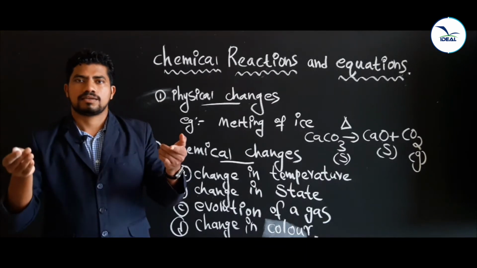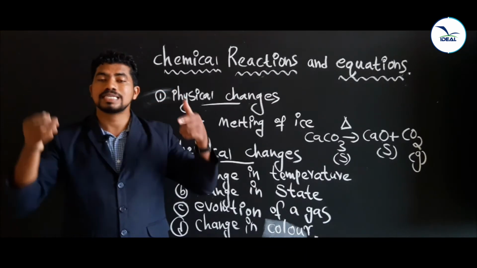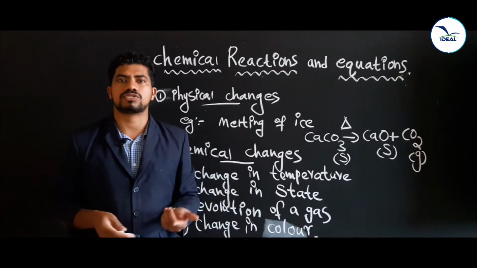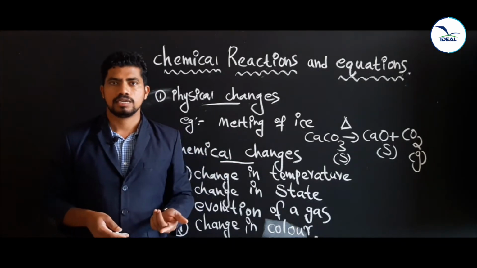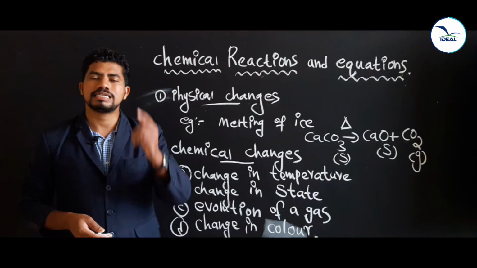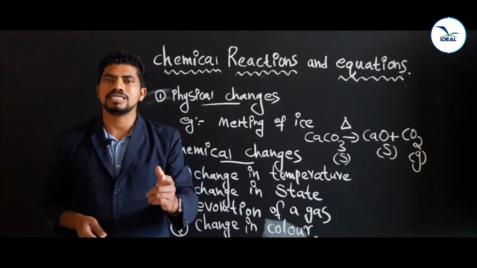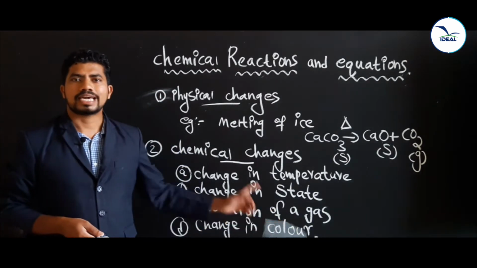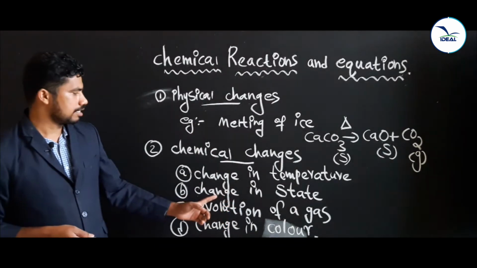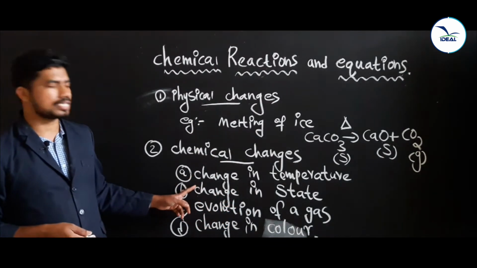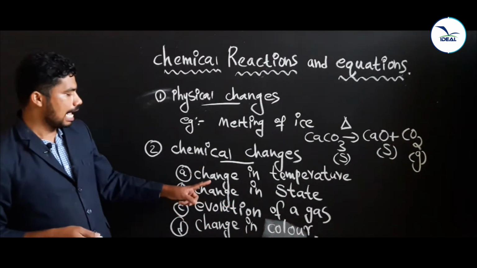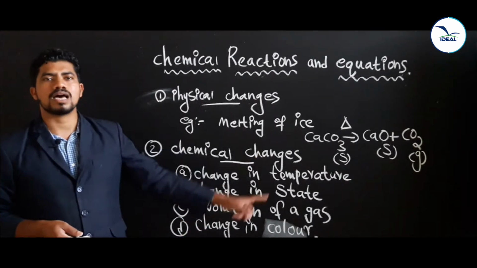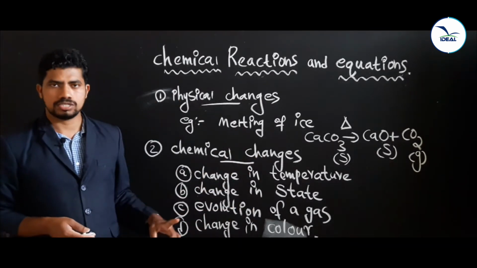We can see beautiful color changes in a lot of experiments, which indicates a chemical change. Again I am repeating: change in temperature, change in state, evolution of a gas, change in color. All are the examples of a chemical change.